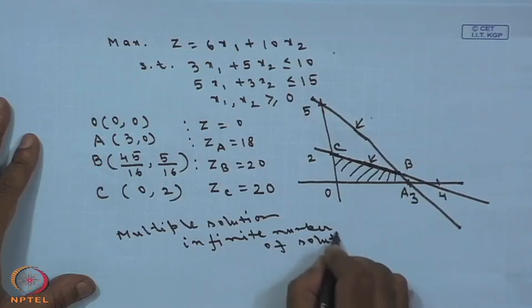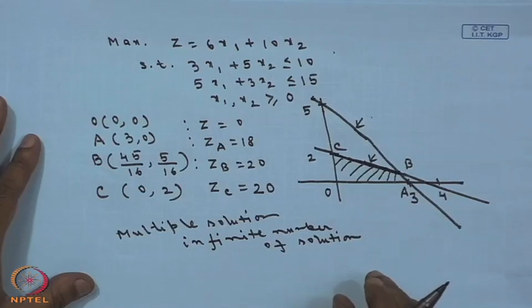So, now we have come to 3 different types of solutions. There will be only one optimum point where you get the optimum value of the objective function. There may be situations where you obtain more than one optimum point with the same optimum value of the objective function, that is, infinite or multiple solutions.